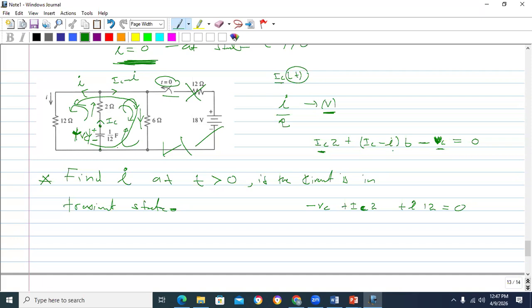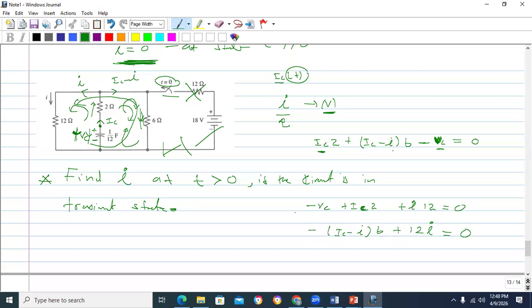So at that time this current is flowing in this way, that is IC minus I. So it will be minus value minus IC minus I into 6. That is the voltage across this resistor. And this will be plus 12R. That is also 0.